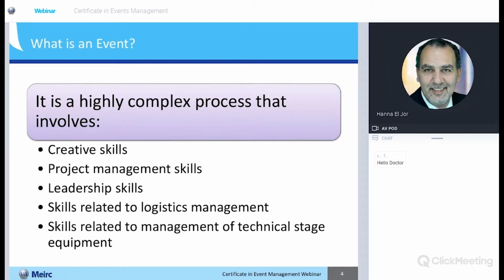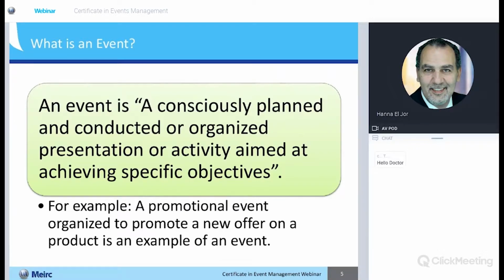Also skills needed for event planning and management should be related to management of technical issues, stage equipment, sound, electricity, audio, video, and so on and so forth. All right, so it is a highly complex process, including all the skills that I've mentioned.